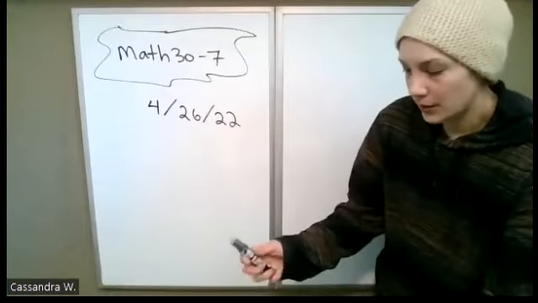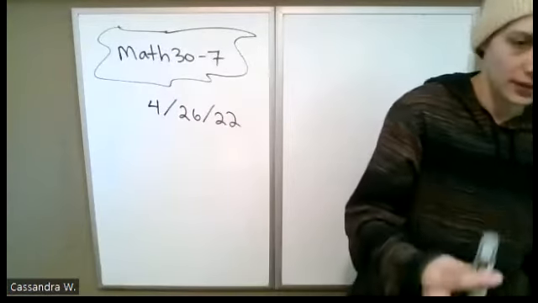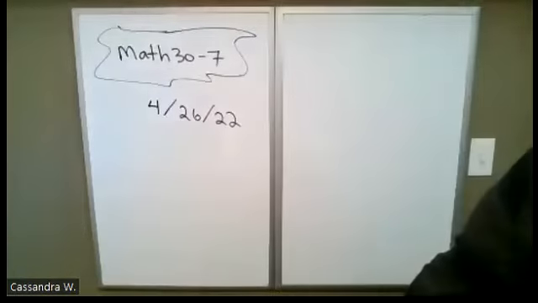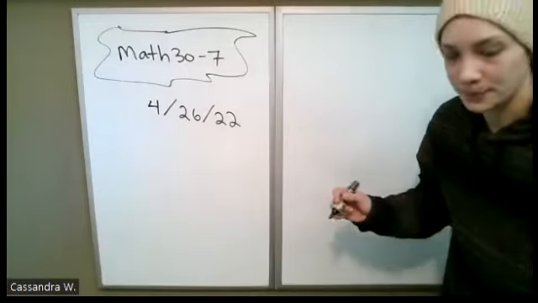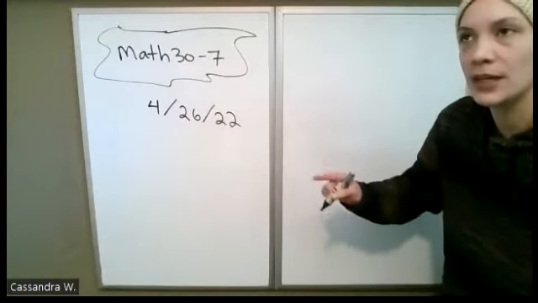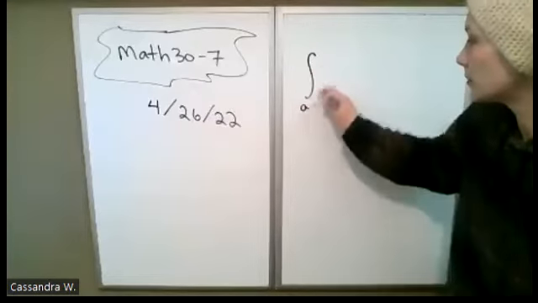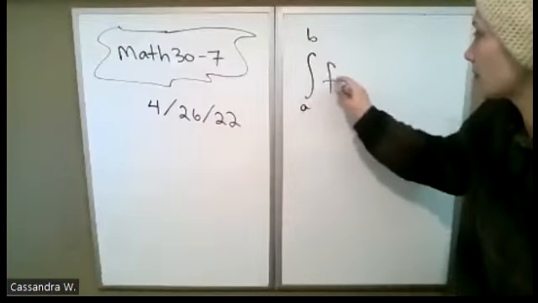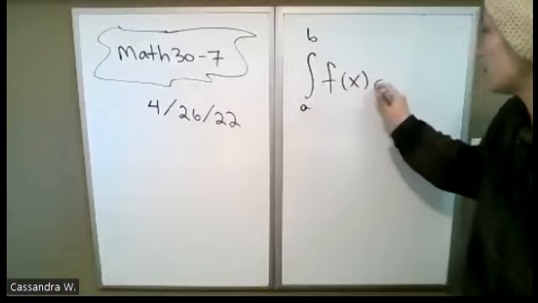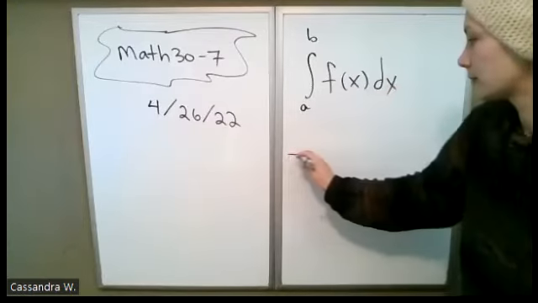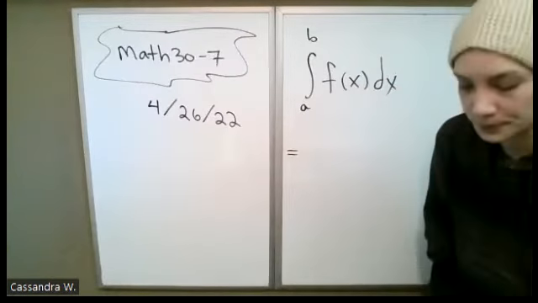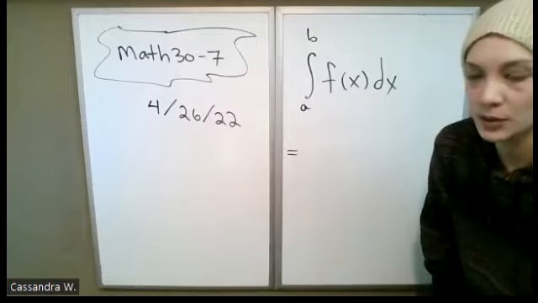Okay, so first part I want to put back on the board is the integral from a to b of f of x dx is the limit as n goes to infinity.